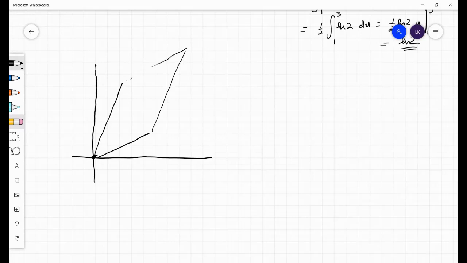So here's the parallelogram with one of the vertices at the origin.